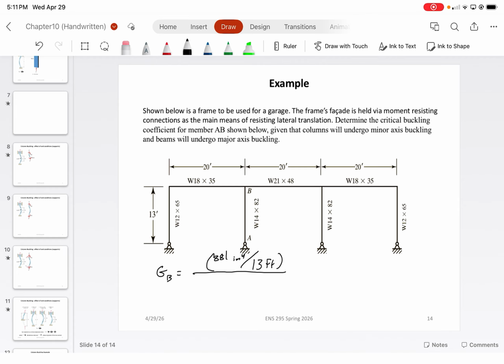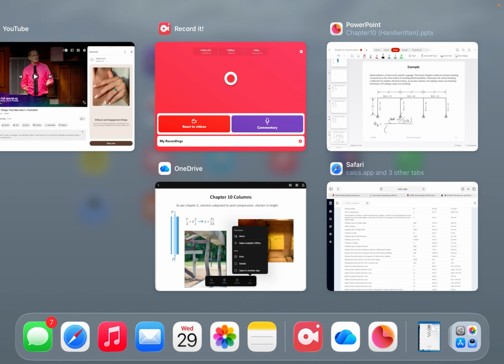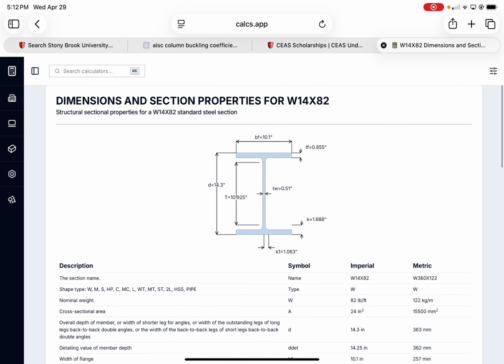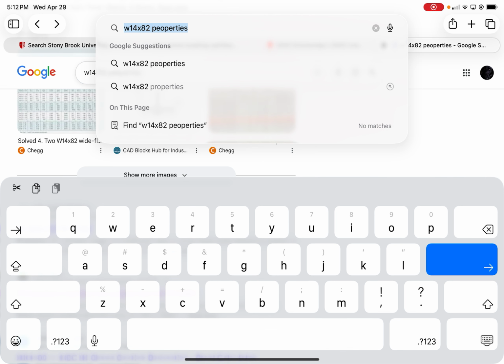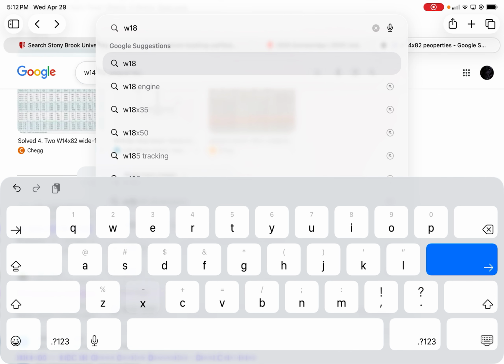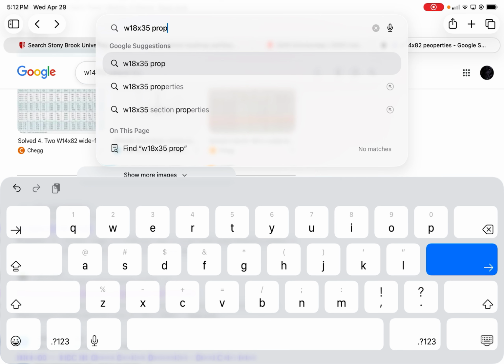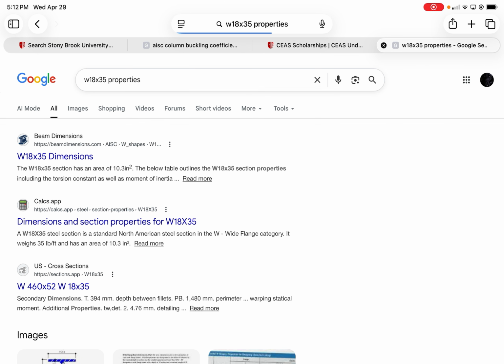Now, what about the beams? We've got a W18 by 35 and a W21 by 48 going into it. So we're going to have two terms in the denominator. For the W18 by 35, let's look that up. W18 by 35 properties.